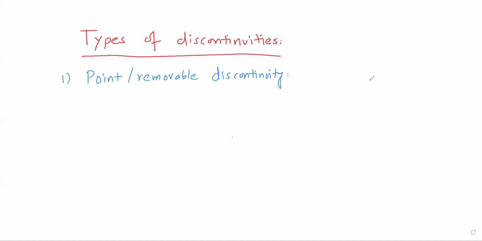So let me clear this up by drawing a graph, x and y, let's say. Okay, let's say we have a function like this.